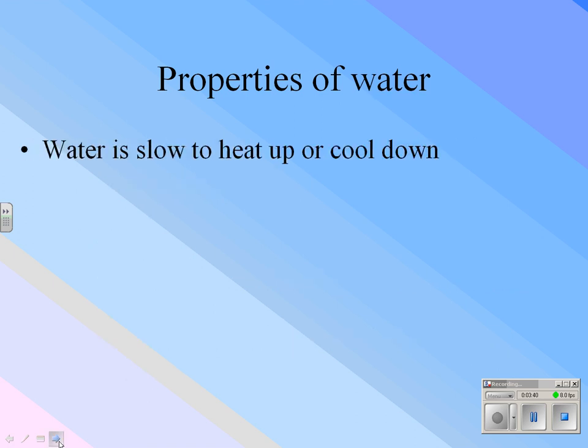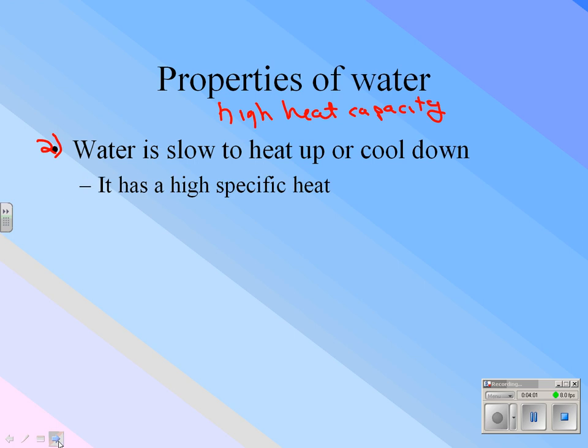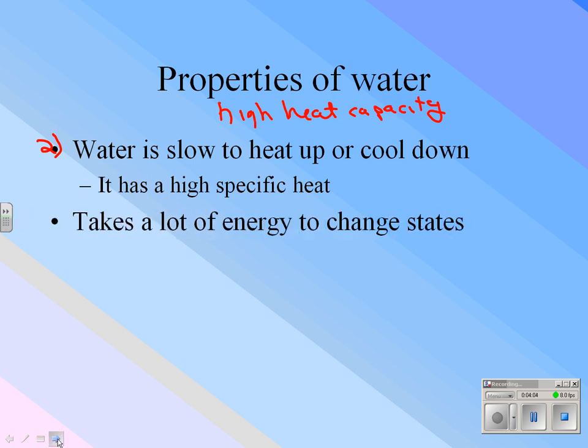Property of water number 2. Water takes a long time and is slow to heat up or cool down. The term for that is a high heat capacity. You're not going to have to regurgitate high heat capacity, or it has a high specific heat. It takes a lot of energy to change states.